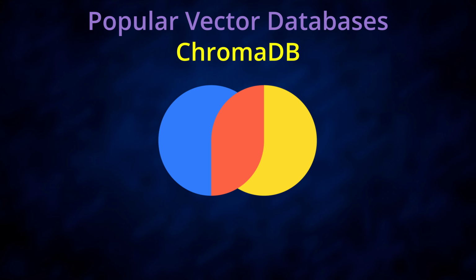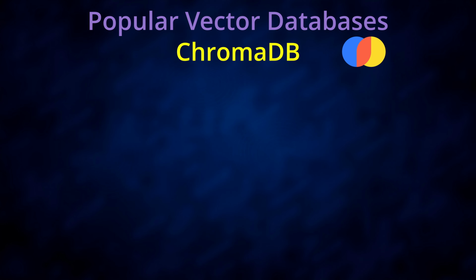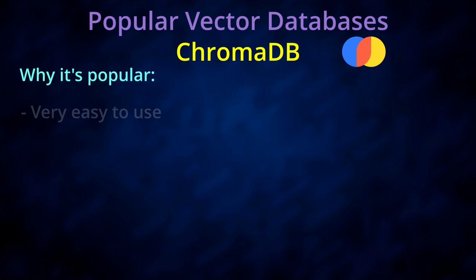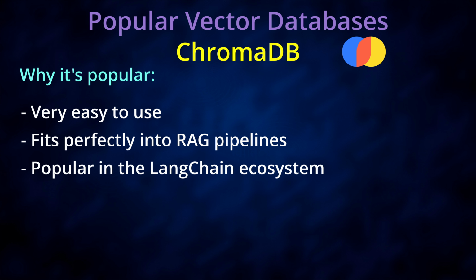Chroma DB isn't a full vector database in the traditional sense. It's an embedding store widely used for smaller RAG applications. Very easy to use, fits perfectly into RAG pipelines. Popular in the LangChain ecosystem.